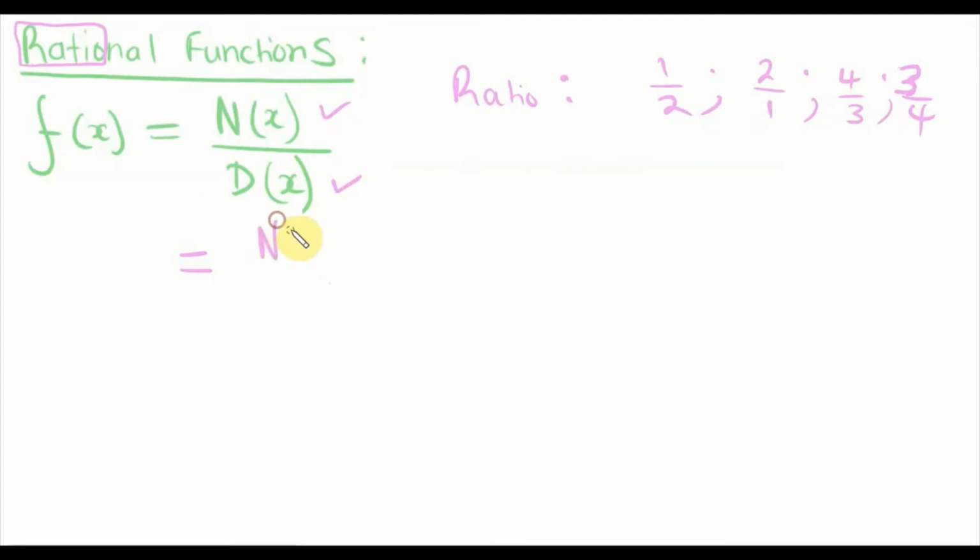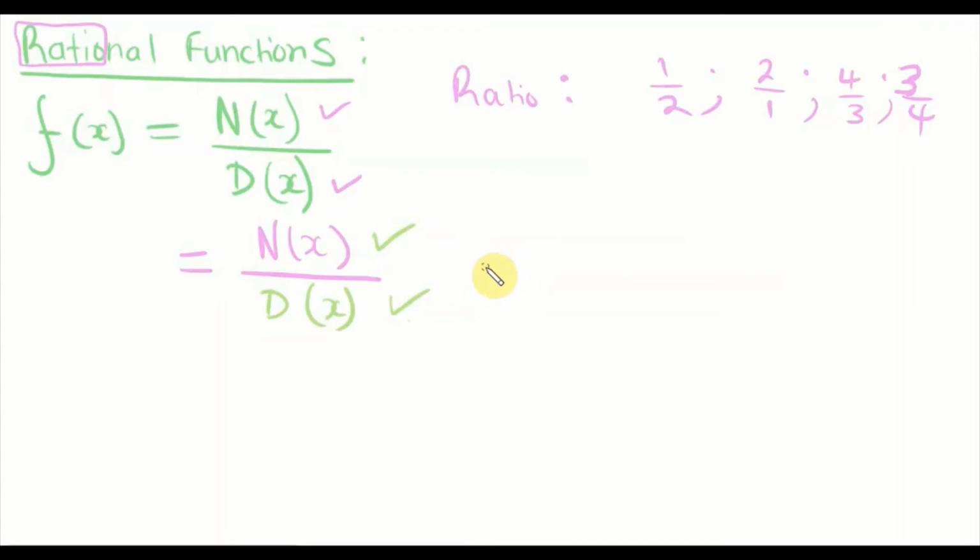It has a numerator and it has a denominator, which is g of x. So we have observed that a rational function is a function that has a numerator and a denominator. If you are ever given a function that has a numerator and a denominator, just know that's a rational function.